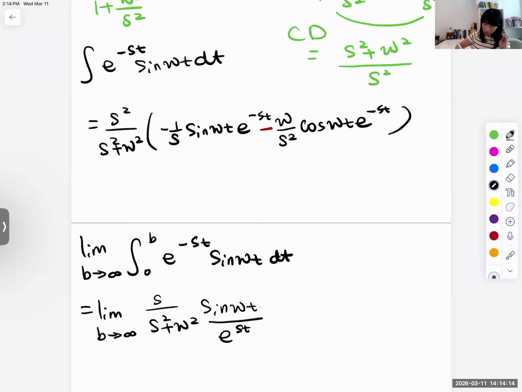Okay, now we distribute, then s squared with s squared, so we will have minus omega over s squared plus omega squared cosine omega t over e to the st, right? Okay.